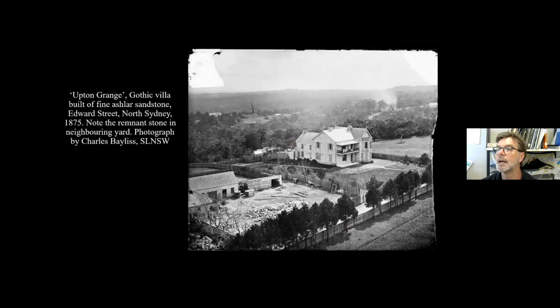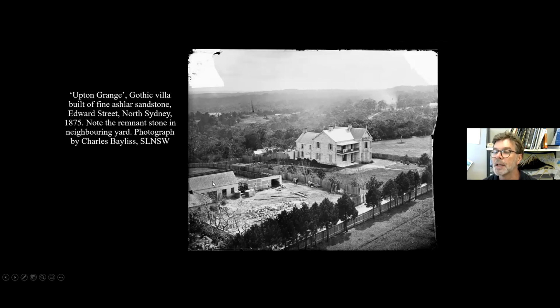Here is Upton Grange, which is still there in Edward Street. It's now owned by Shaw School, and kind of unfortunately, this side of the building has been joined to another building, so you need to look twice to recognise it, but all this is still there, extant. And you can see here stone blocks that are being shaped.